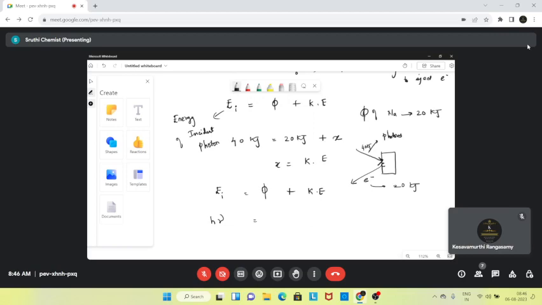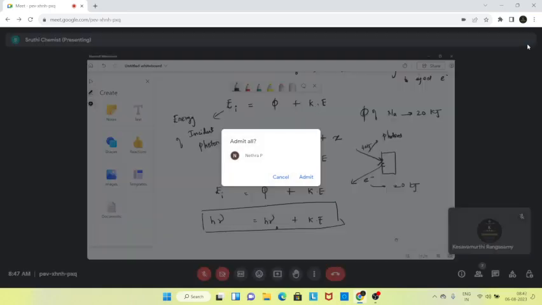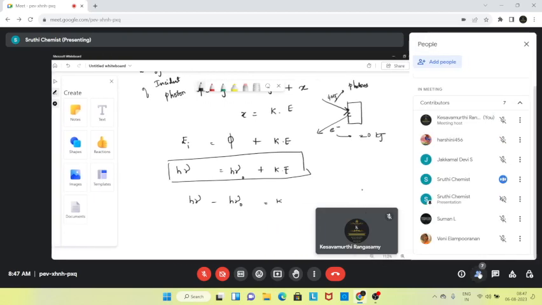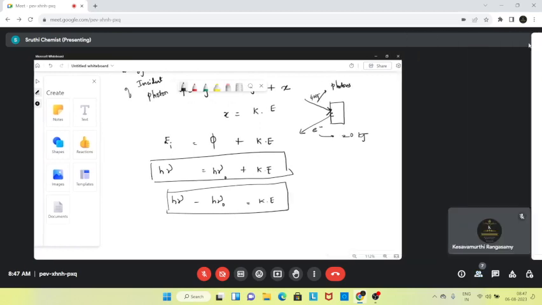Very good. Exactly right. This is h nu naught plus kinetic energy. Again, this formula is most useful; based on that you will have many problems. So h nu is equal to h nu naught plus kinetic energy. If they are asking for kinetic energy, then h nu minus h nu naught is equal to the kinetic energy. So these two formulas are very important. Clear?